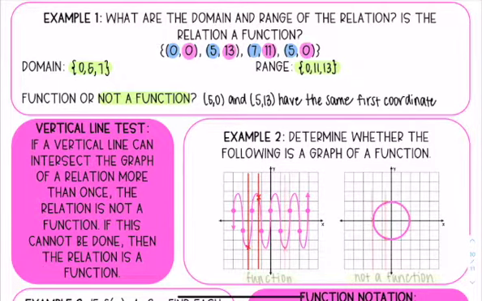I'm only hitting 1 point. And so it doesn't matter where I draw my line at, because I keep just hitting 1 point. And that's the same pattern for the whole thing. So because I only ever hit 1 point, that means that this is a function.